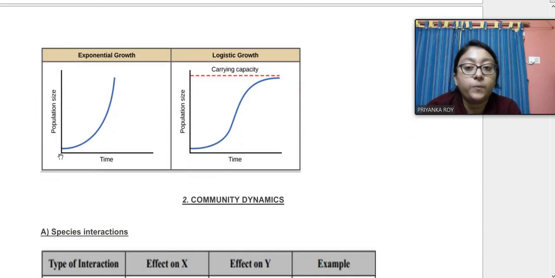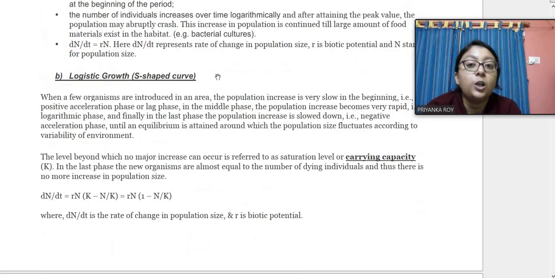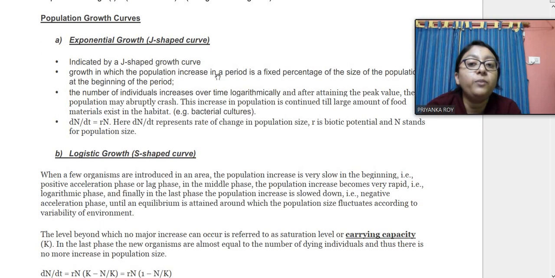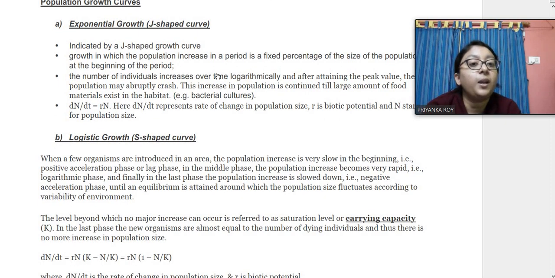Just like this, there is exponential growth over here with time, and there is logistic growth, there is carrying capacity. Up to that only it will increase. So these are the two different kinds of population growth curves. One is J-shaped and one is S-shaped.